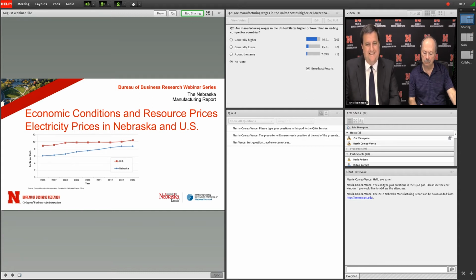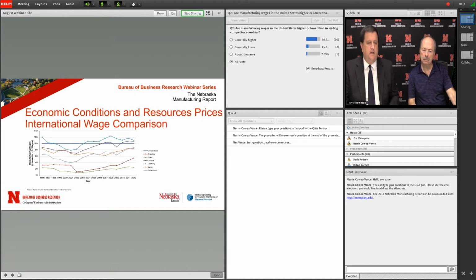Okay, now let's look at the issue of wage rates, and this will allow us to give you some results pertinent to the second poll question. Now this chart admittedly is a little bit complicated, but it looks at the trend in manufacturing wages in a series of countries between the mid-1990s and 2012.